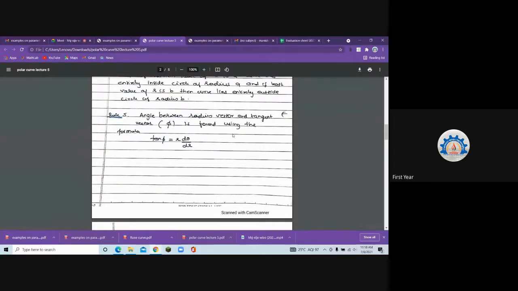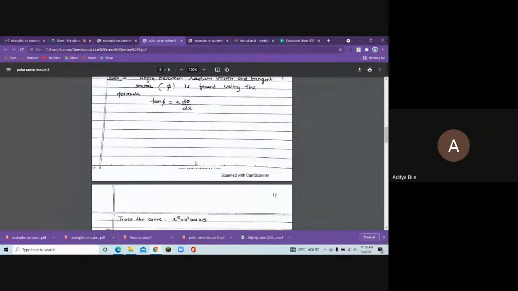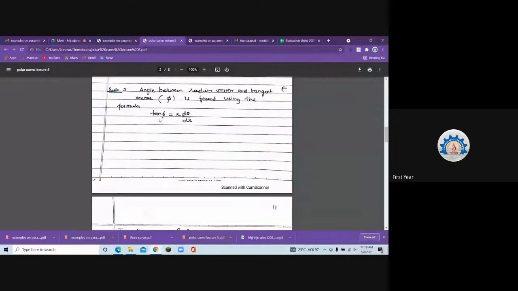Everyone? Yes, ma'am. Okay. Can you repeat this statement? Yeah. Tan phi, phi is the angle between radius vector and tangent vector, which is found with the help of this formula r d theta by dr. I've sent you the video of how this formula is derived.